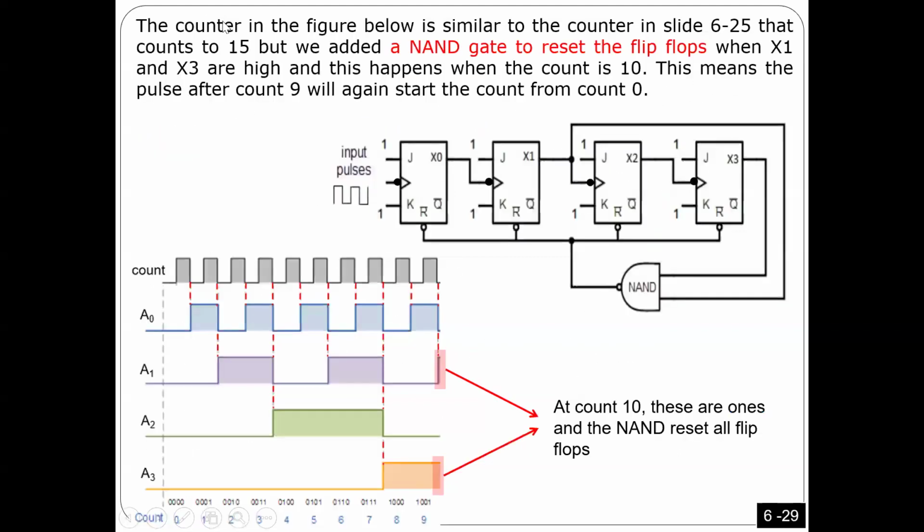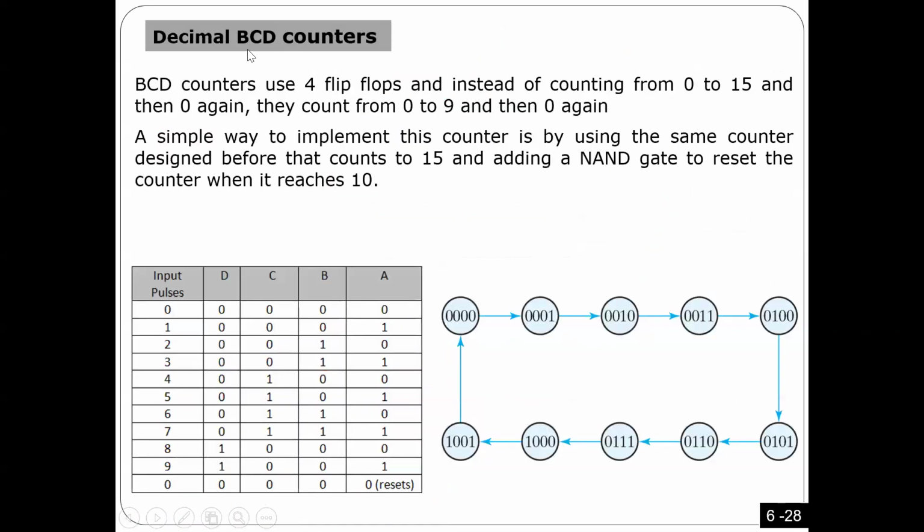Sometimes we like to have BCD counters. Let me define what we mean by BCD counter. You already know from this course what BCD means: we have numbers from 0 to 9 in binary, in 4 bits.